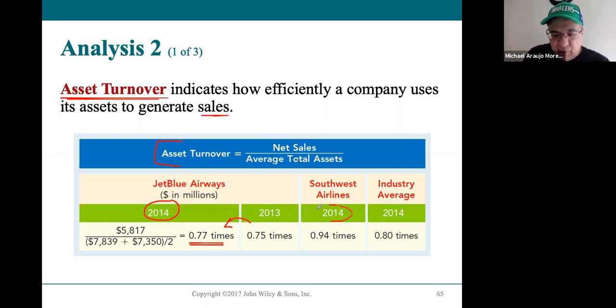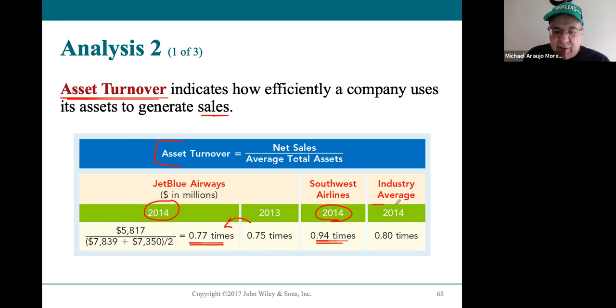Southwest here is really doing a great job, okay? For every dollar in average total assets, they have a 0.94 times turnover rate. So they're generating about 94 cents in sales on every dollar of total assets, which is outstanding. They're doing really, really good at using their assets to generate sales.